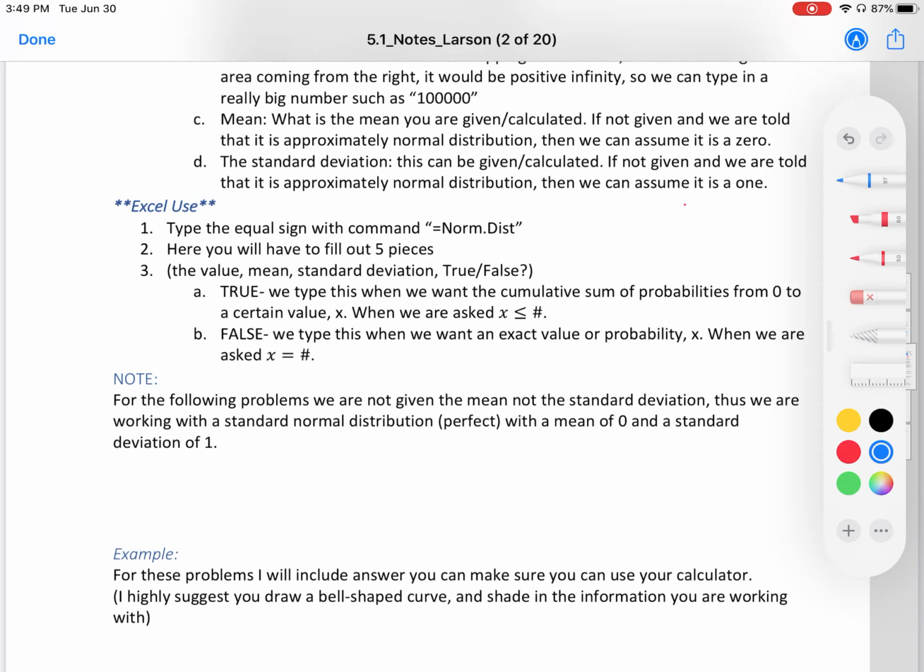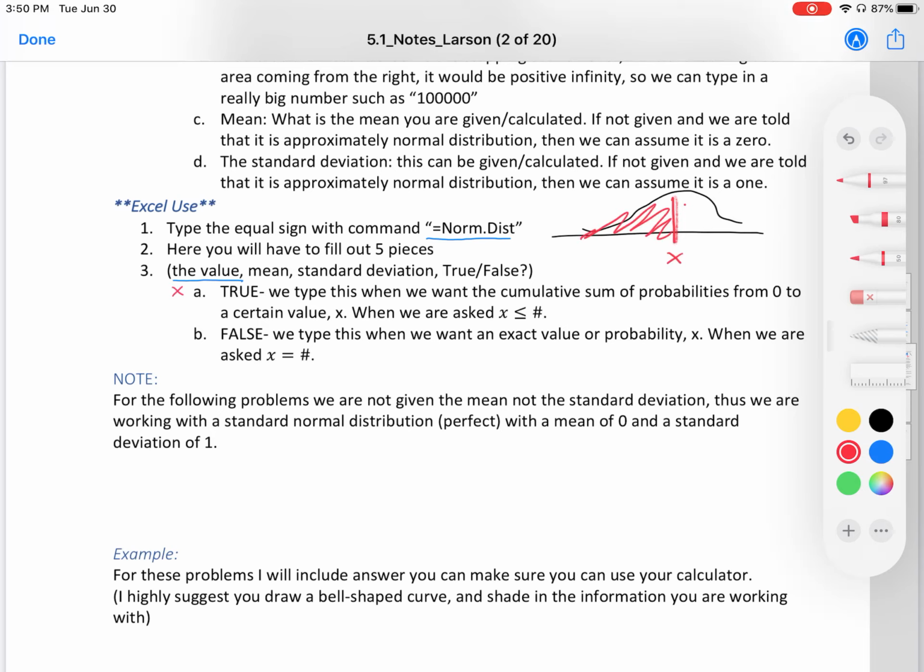For Excel, you enter your equal sign and you get equals NORM.DIST, and you're going to enter the information pretty similarly. What's cool about Excel is it tells you how you want to input things. You first want to enter the value you want to work with. So if you're working with some bell-shaped curve, say we have some value we want to find.